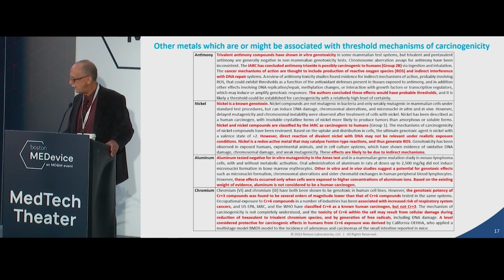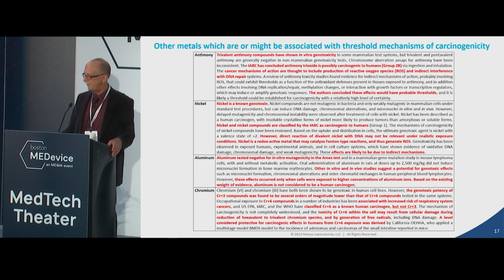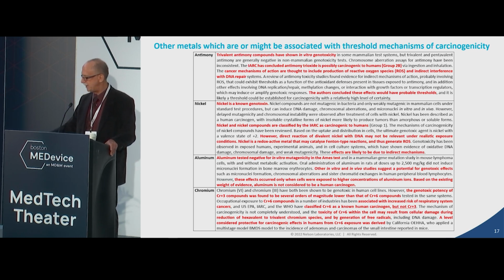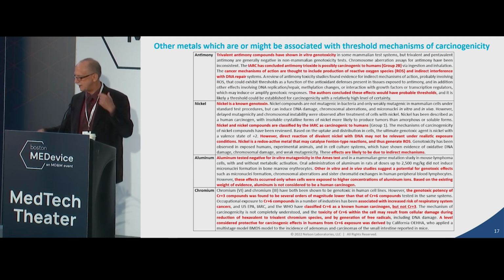But it was found that this happened when cells are exposed to higher concentrations of aluminum ions. And if you look at whether that could be clinically relevant, based on the existing weight of evidence, that wouldn't be possible to have those high of a concentrations of aluminum ion in the human body. So it's not classified as a carcinogen, even though there's some evidence.